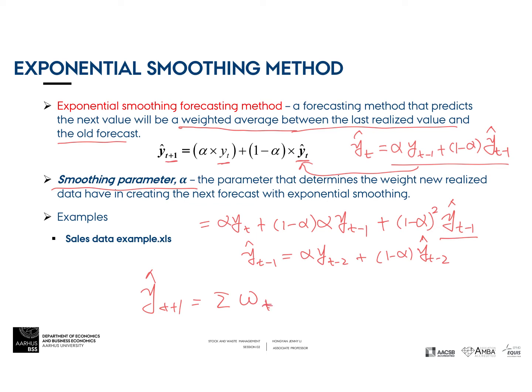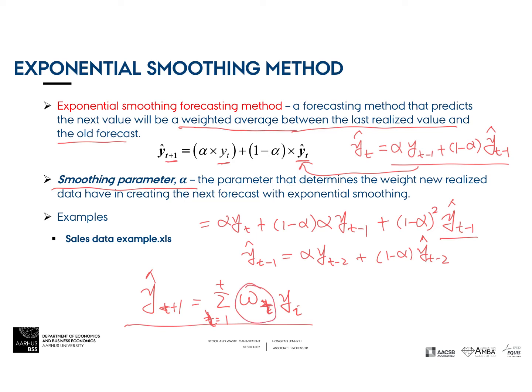If I use w_i to represent it, then i equals 1 to t, the current period, and you have y_i. In the end you get this weighted sum.